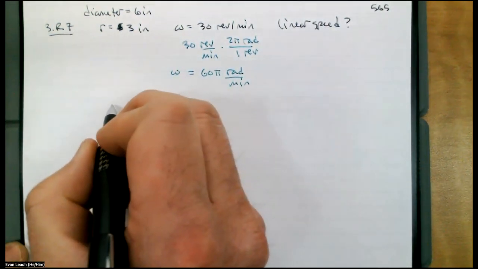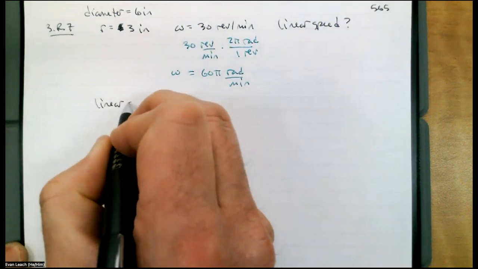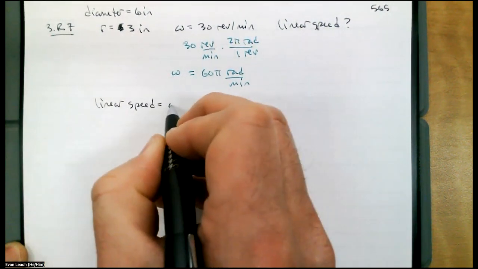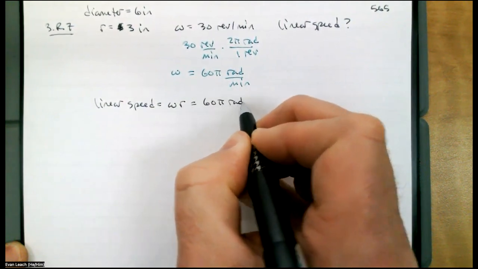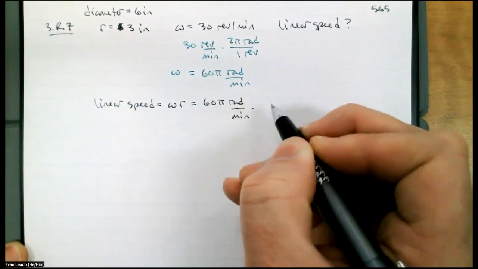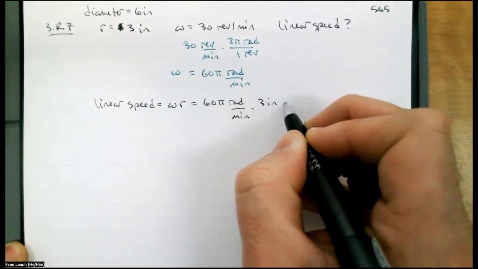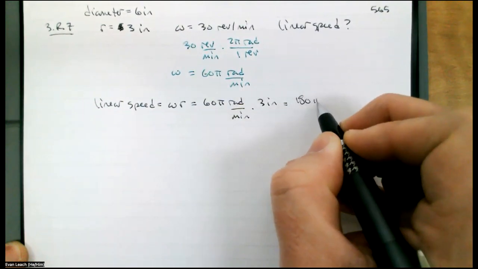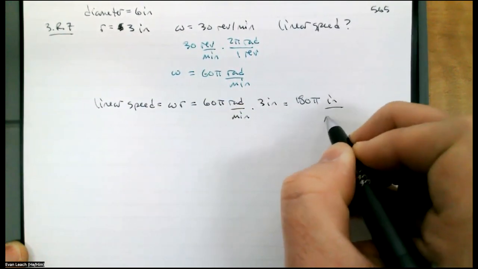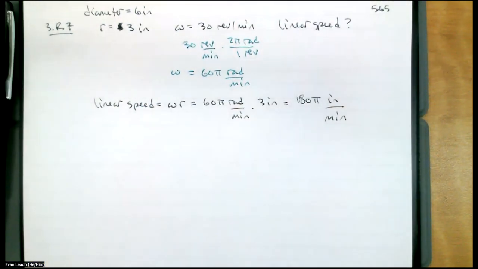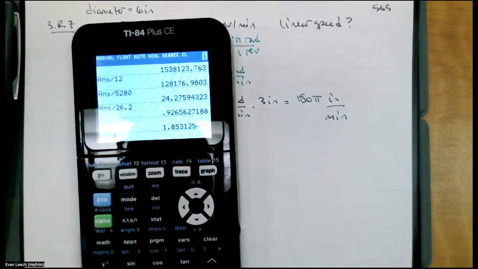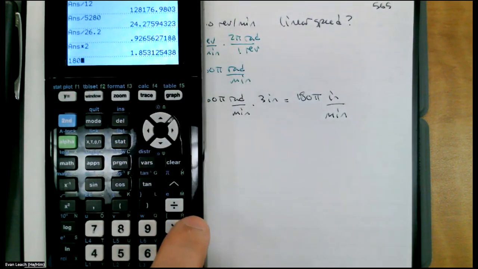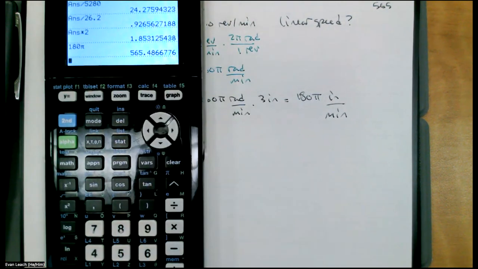So our linear speed: we'll take our 60 pi radians per minute and multiply by 3 inches, and we'll have 180 pi inches per minute. We are to answer in multiples of pi, so we'll take our 180 and multiply by pi, and we get the 565 inches per minute.